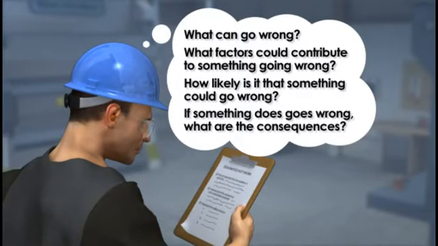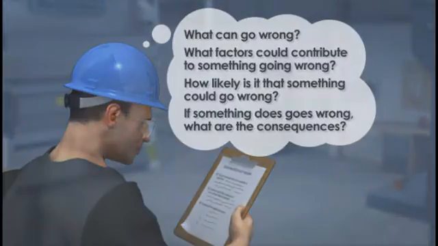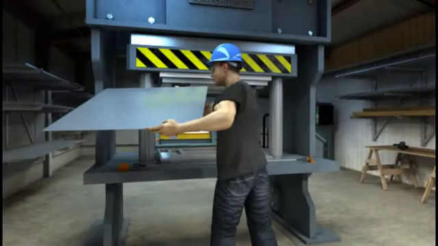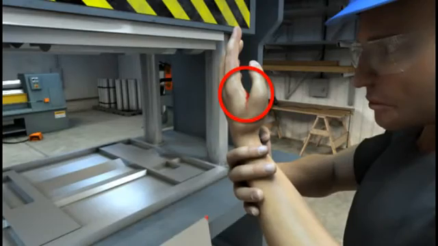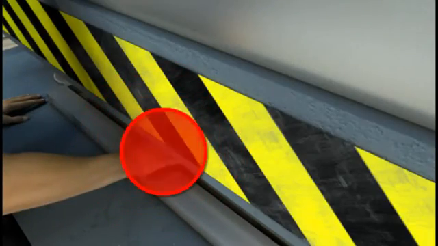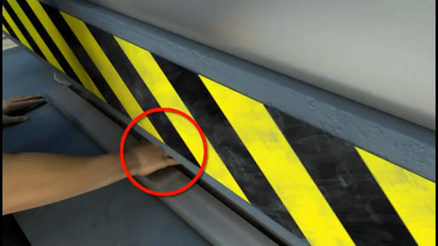And, if something does go wrong, what are the consequences? Ask these questions about every step involved in performing the job. For our machine press operator, hazards include the ergonomic strain of twisting to pick up sheets over an 8-hour period, the chance of cutting a hand on the sharp edge of the metal sheet, and the potential to get a hand crushed by the press.